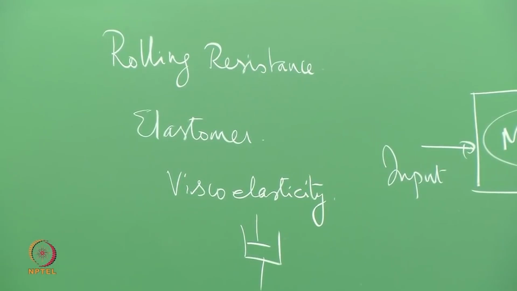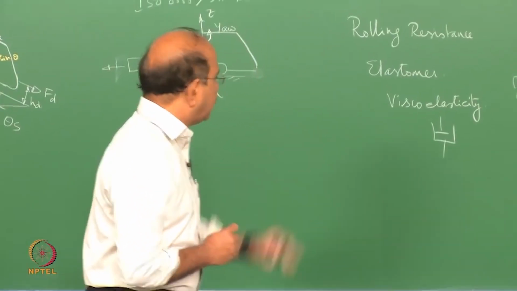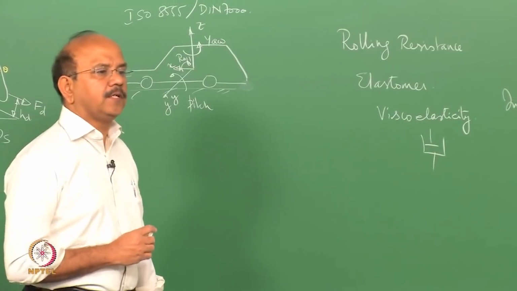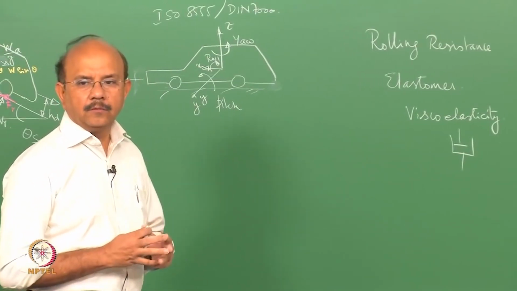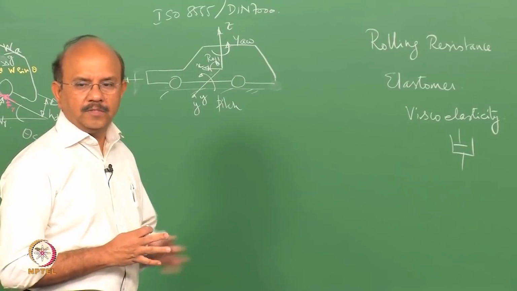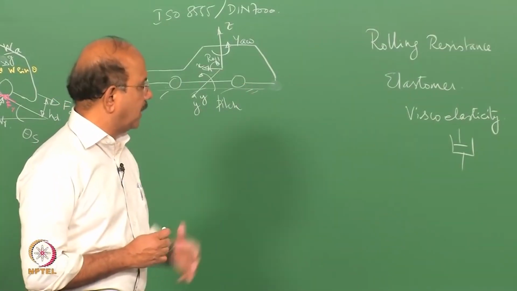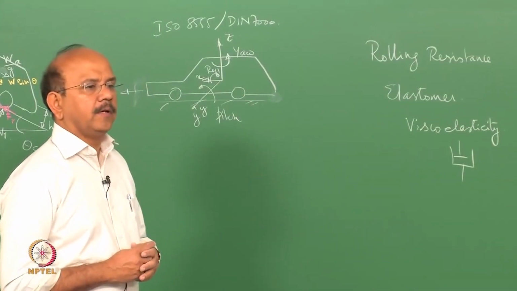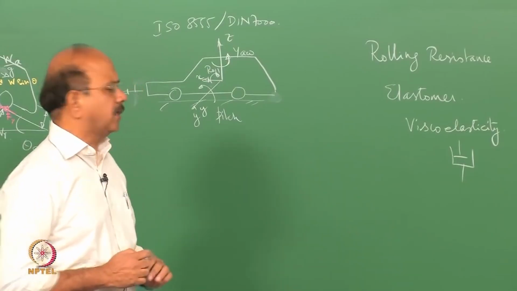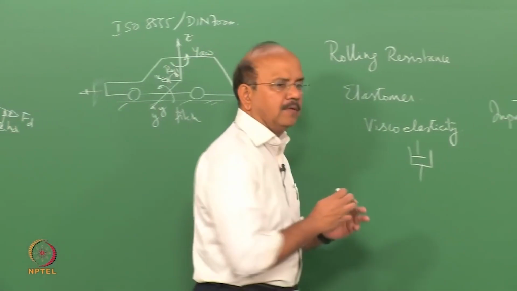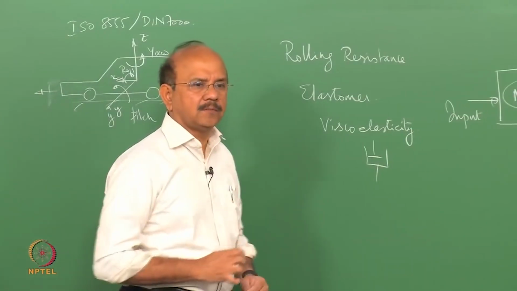Clear? Now, what is this viscoelasticity and how is that going to have an effect? We will see that in a minute. As I said, we will elaborate it later. Any material can be looked at, it's a small digression here, from three simple models.